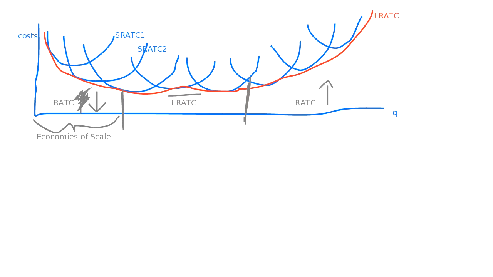This is when long run average total costs decrease as quantity and size increase. So your long run average total cost decreases as your quantity and size increase.